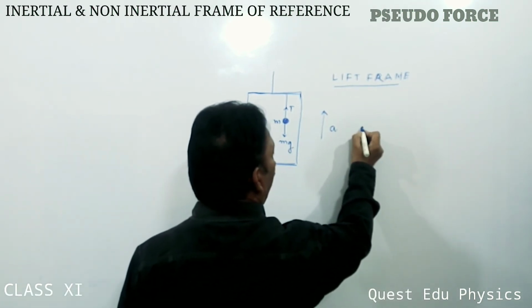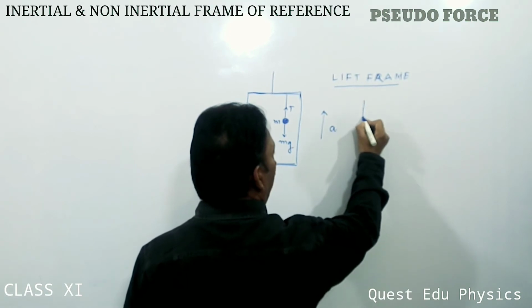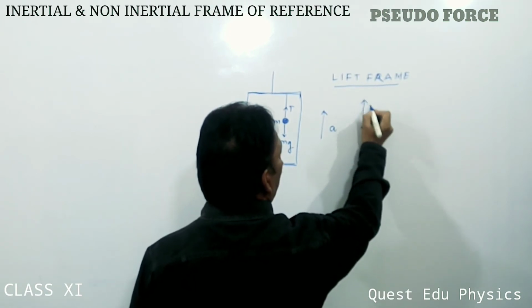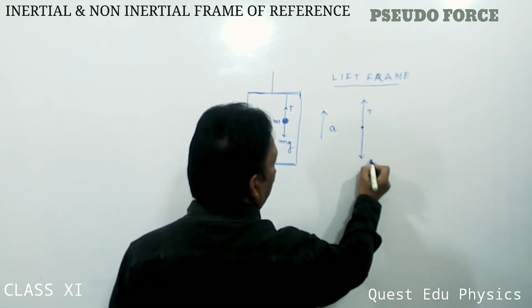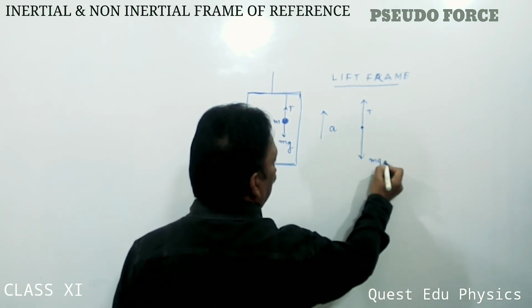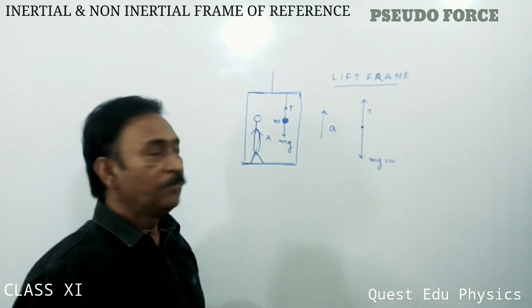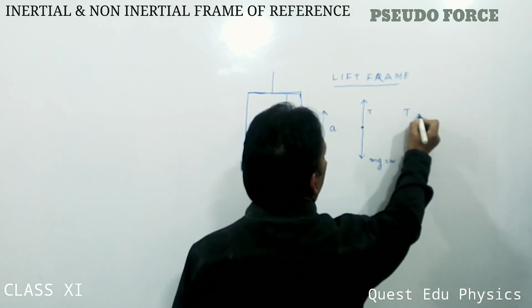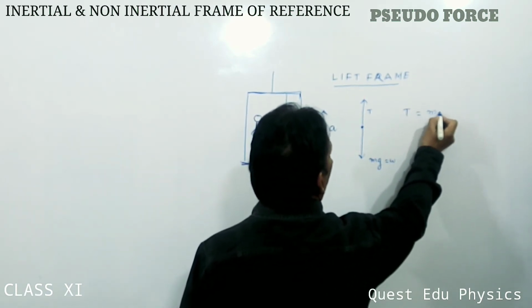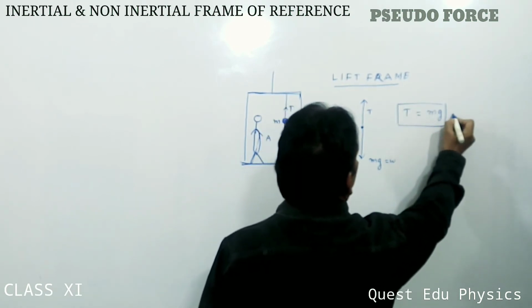If we draw the free body diagram, the point mass is where we are showing the forces: it is the tension, and it is the weight, which is equal to mg. Okay, students, and you observe that tension is equal to mg. Say it as equation 1.